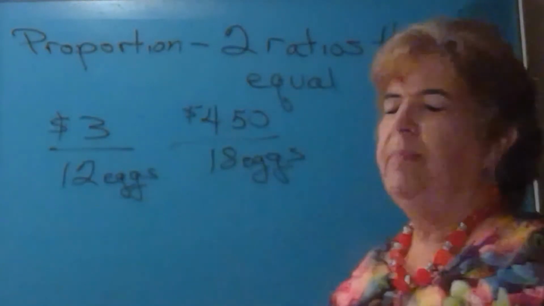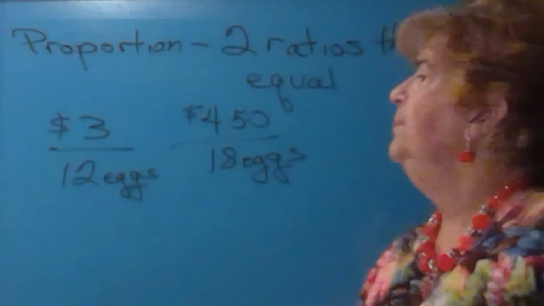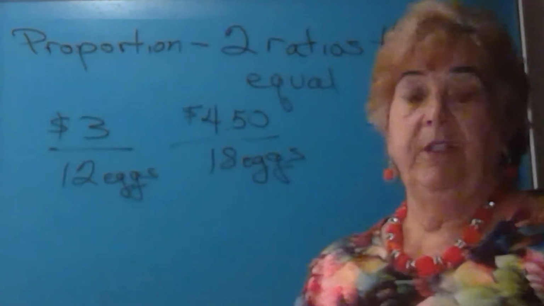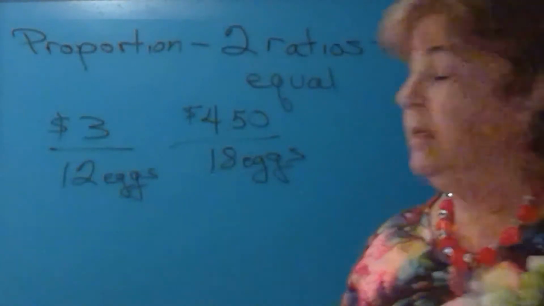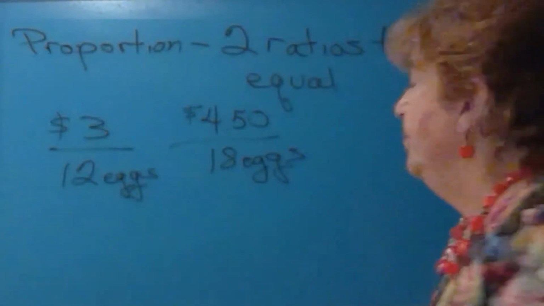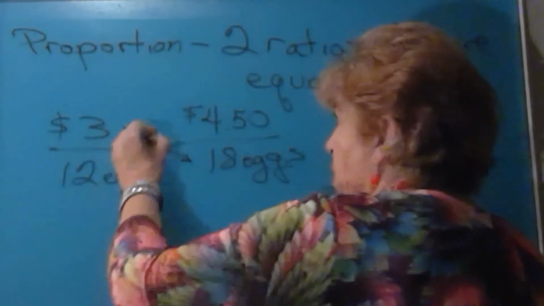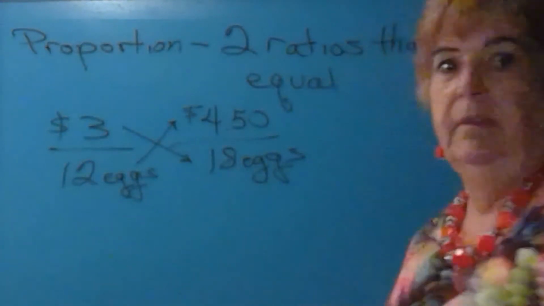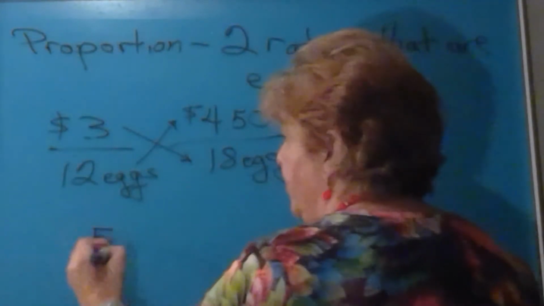Some of you might be able to look at that and say, yes, those are equal. But I'm not sure everyone can do that. And if you're in the store and you want to make a quick evaluation of it, all you do is take the cross products. You multiply 3 times 18, that gives you 54.